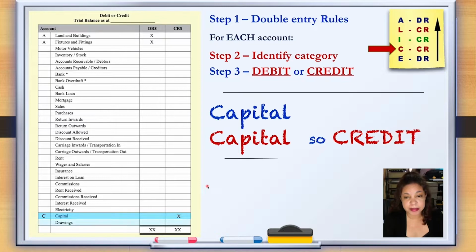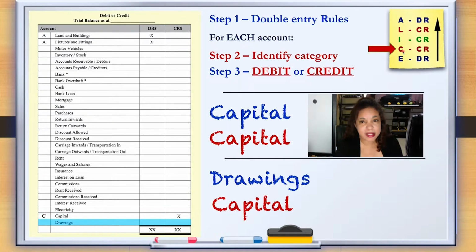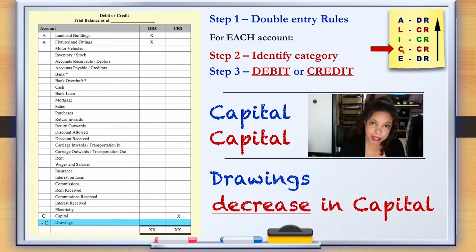Drawings, however, you identify it as capital, but it is not an increase in capital. It is actually a decrease in capital. So you can't put the credit, because remember, all of these are for the increases. It's just that we open a separate account to show the decrease in capital, because all of these show both increases and decreases.